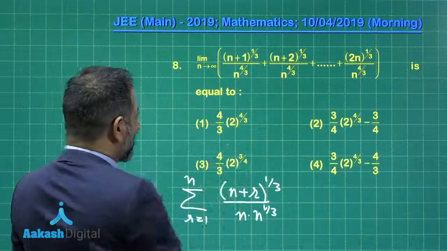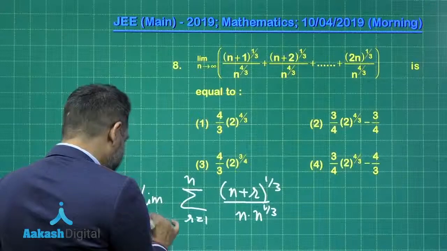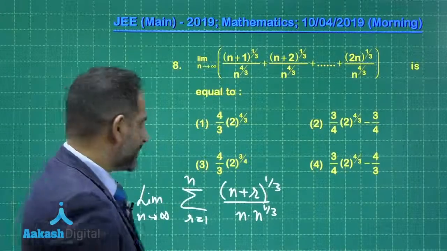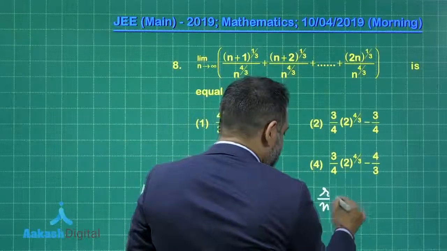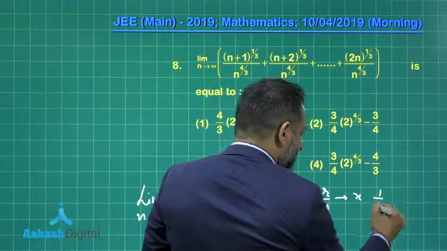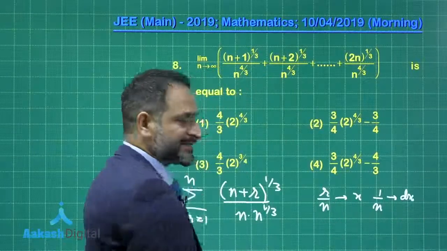So, this is actually the problem for us where limit n is tending to infinity. Now, what we are going to do here, I am replacing r by n with x such that 1 by n will be a small quantity which can be treated as dx.